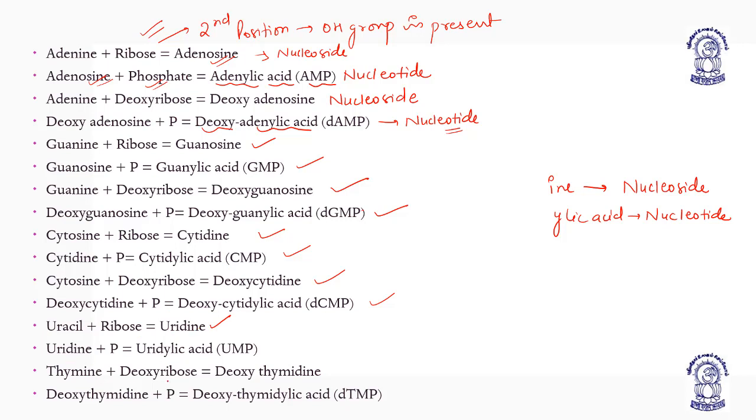Thymine plus deoxyribose is deoxythymidine, and deoxythymidine plus phosphate is deoxythymidylic acid. Understood? So dAMP, dGMP, dCMP, and dATP are all nucleotides, since the phosphate is attached.